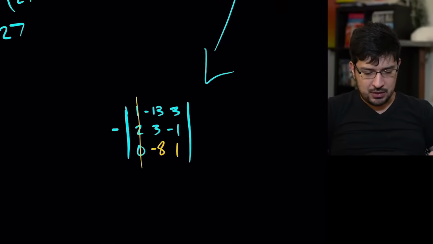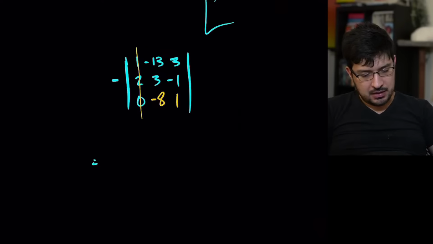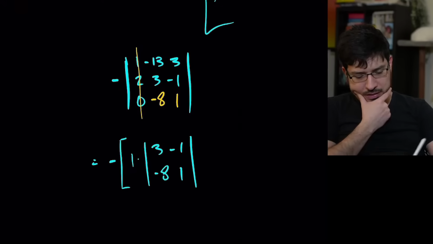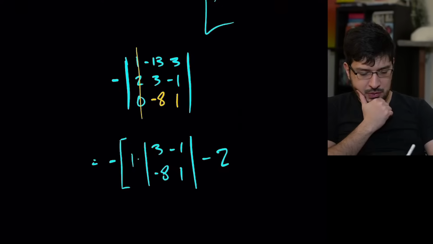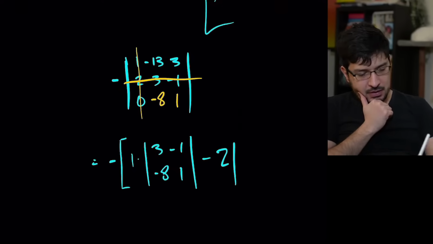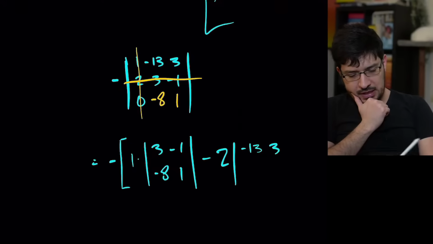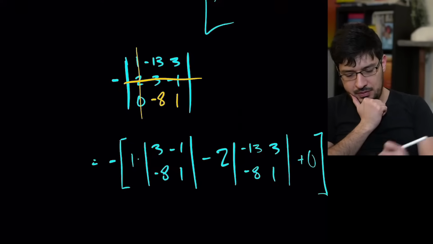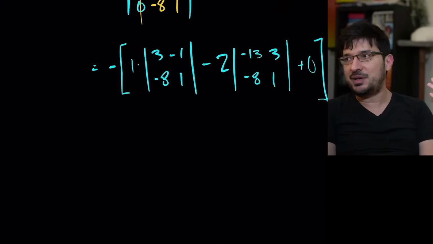I was going to suggest that we could expand by minors here, and if I expand by that first column, then we have negative 1 times the determinant of 3, negative 1, negative 8, 1, minus 2 times the determinant of negative 13, 3, negative 8, 1, and then plus 0 times some other stuff. 0 times a determinant. Well, 0 times anything is just 0.